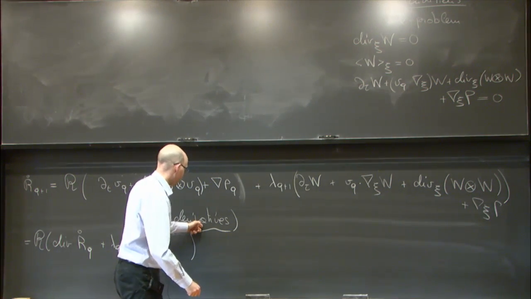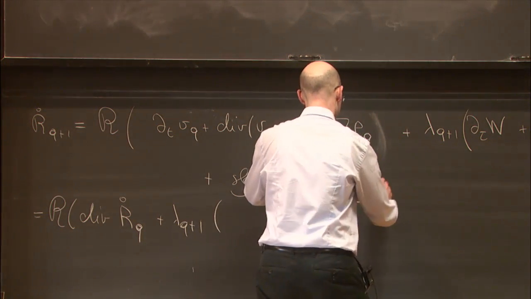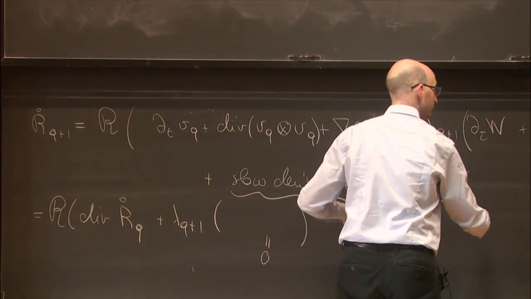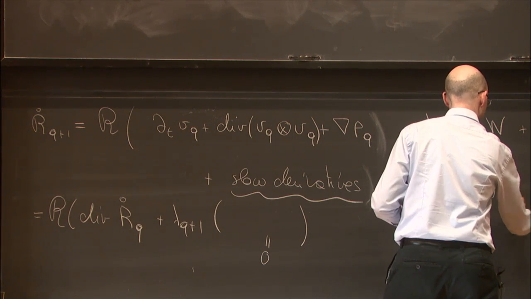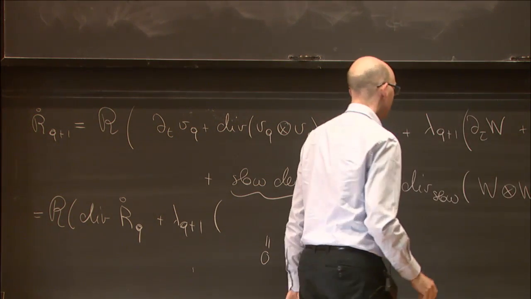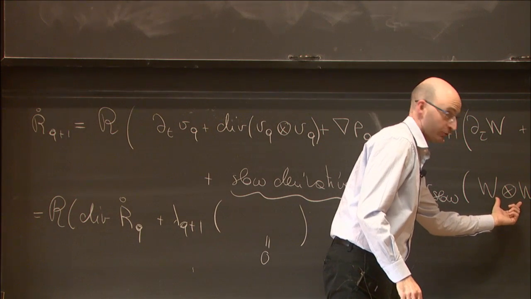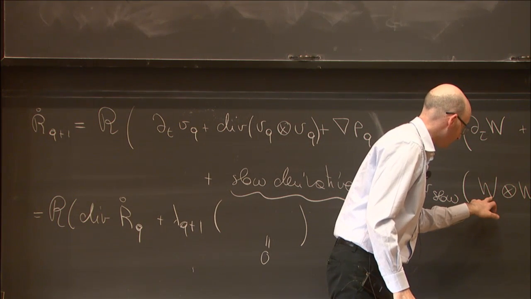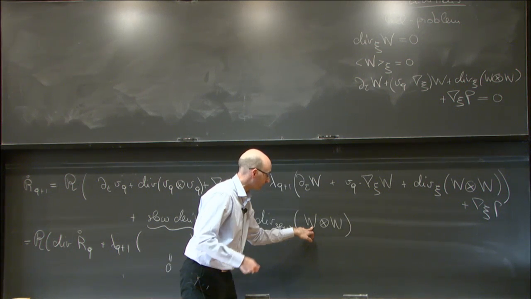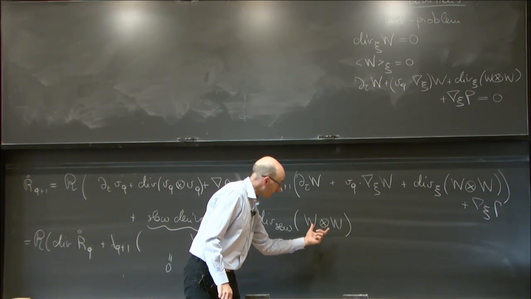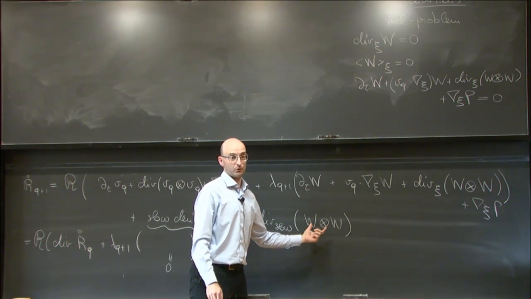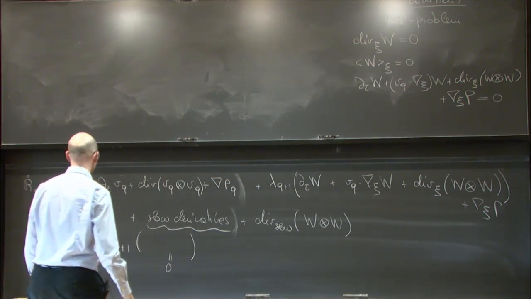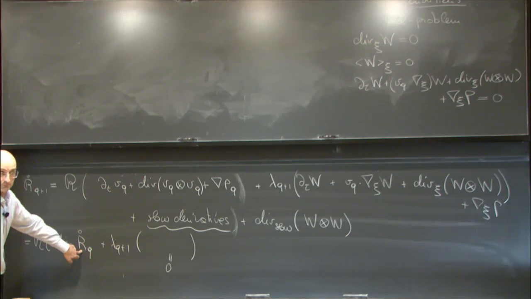So in the slow derivatives, there will also be one slow derivative which is interesting, which is the slow divergence of W tensor W. Now, when I make the Fourier expansion of this quantity, I have resonances. So although the Fourier expansion of W does not have the constant term, the Fourier expansion of the product, of course, will have the constant term. So I want this to be 0, but in fact, that is what will help me, because I have this term that I want to kill.